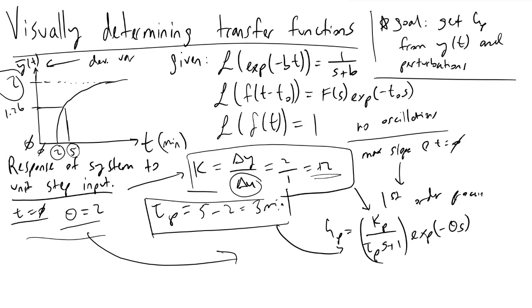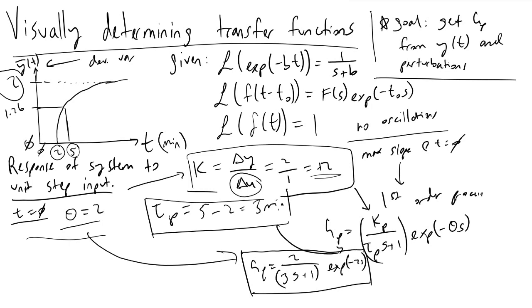And ultimately what we arrive at is that our process here has values of Kp, which is 2, over tau p, which we determined was 3, times s plus 1. And we're going to multiply this by the exponential e to the minus 2s. And so this is the process transfer function of our system.